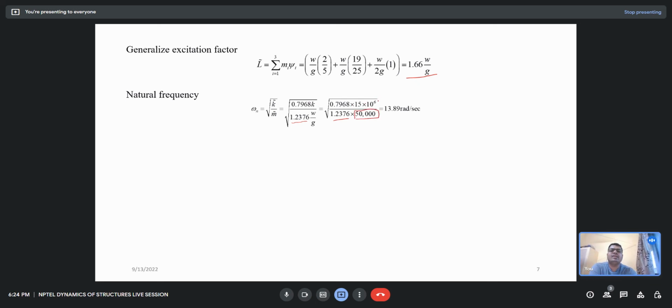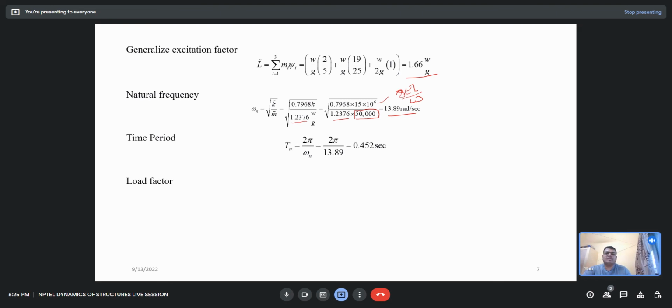And the k we calculated initially in the first slide, that was 12EI by L cubed, which is 15 times 10 raised to power 6. So my natural frequency is 13.89. Now calculate the time period. Tn equals 2 pi divided by omega n, which comes out to be 0.452 second.